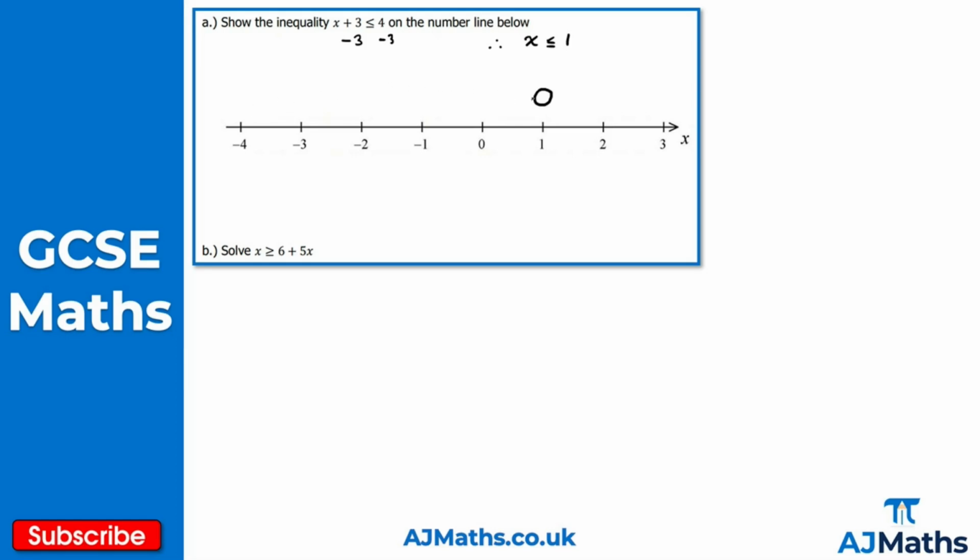We're going in this direction here. Like so. Place that arrow in that direction. So now what we need to think about here is whether we shade this circle. So remember, for representing inequalities on a number line, we shade the circle if we do include this value. So because we are including this value now, it means we do shade the circle like so. And there we have it. So that's the solution to A there.